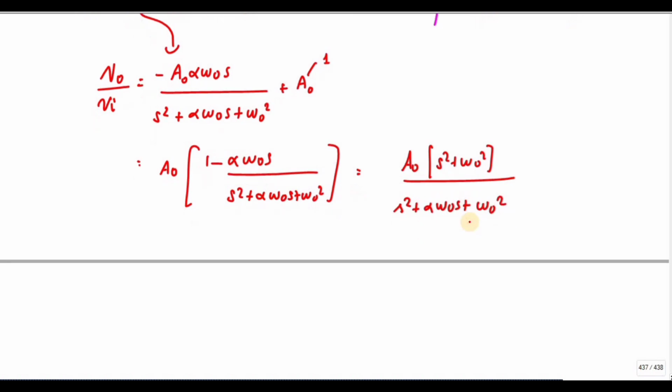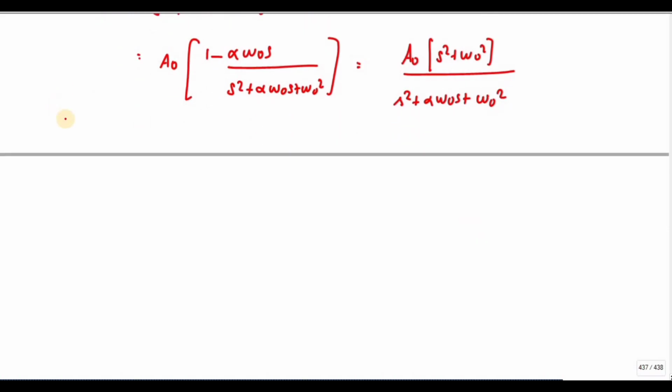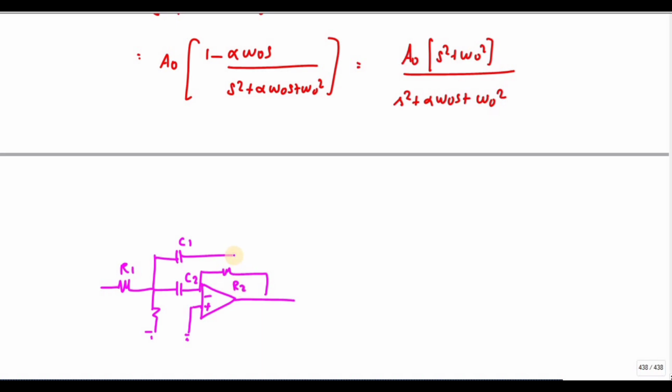So this can be designed with the help of a band pass filter. The band pass filter will look like this. This is my R1, C1, C2 and R2. This is R3, and this must be added with the summer.